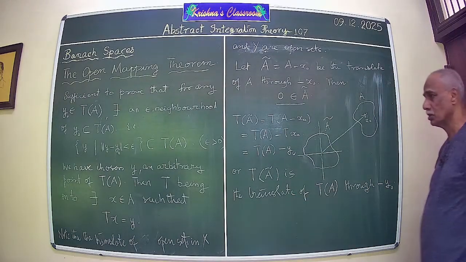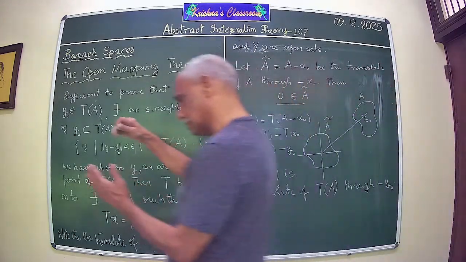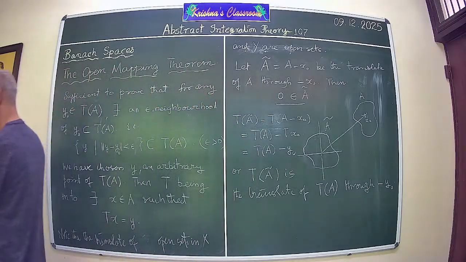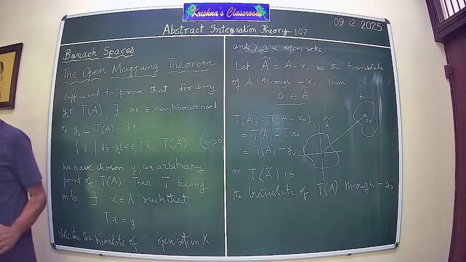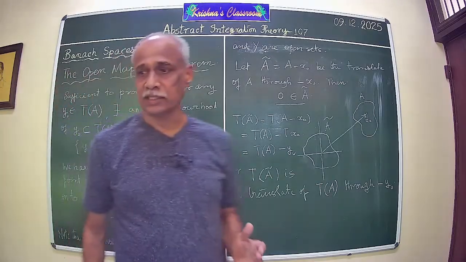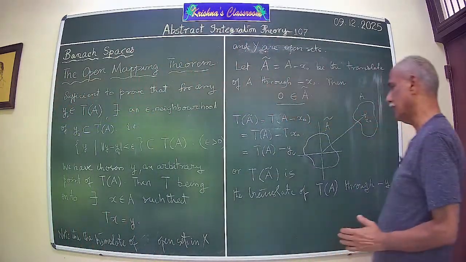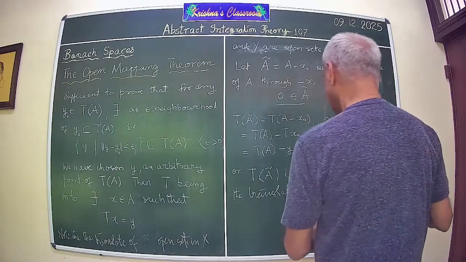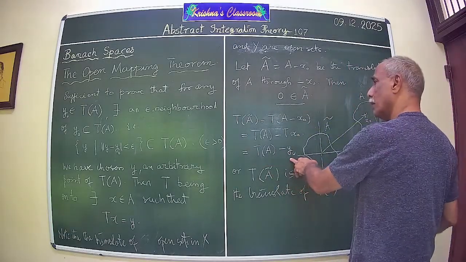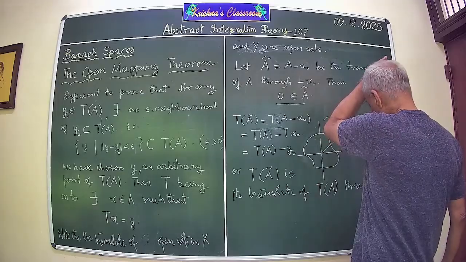Okay. So when A gets translated to A tilde, there is a corresponding translation of T A getting translated to T A tilde. T A tilde is essentially the translate of T A through minus y naught. What does this mean?